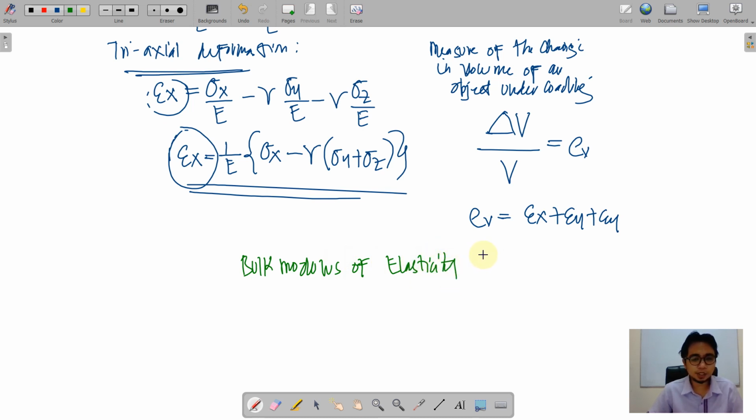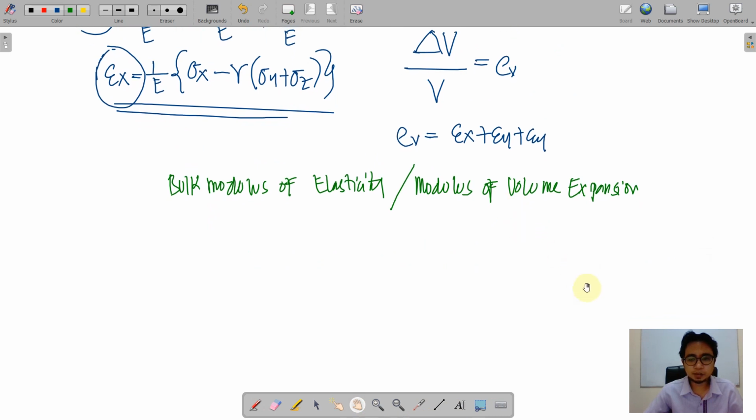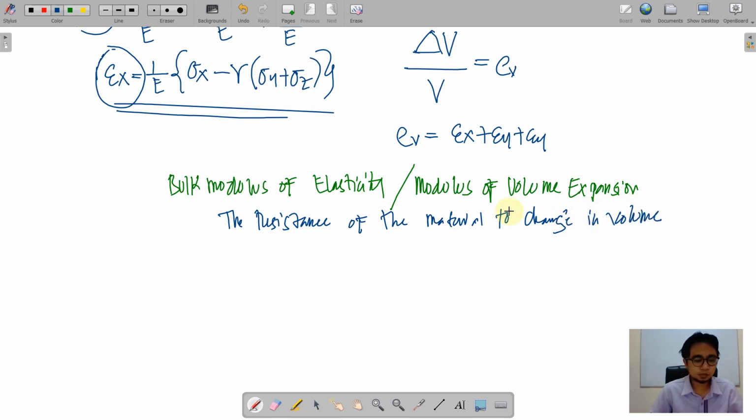Okay, so for the bulk modulus of elasticity, or what we call modulus of volume expansion, by the word itself, modulus of volume expansion, it is the amount of resistance of the material to change in volume without change in shape.